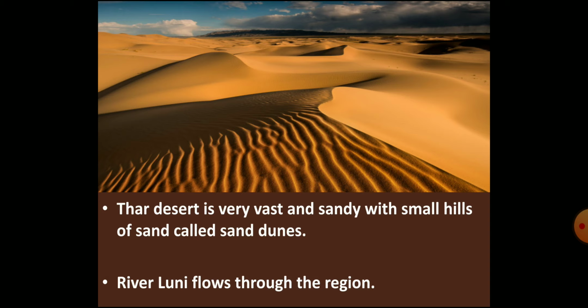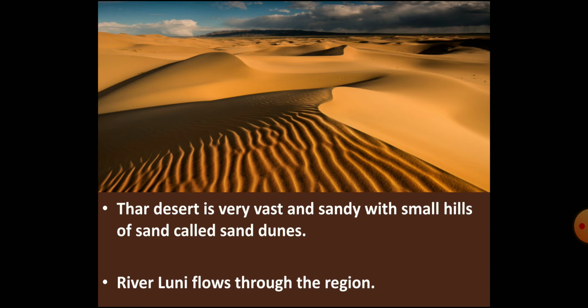Now let's understand its features. The Great Indian Desert or the Thar Desert is a very large, dry region of sand and rocks. This large region has small hills of sand which are known as sand dunes.